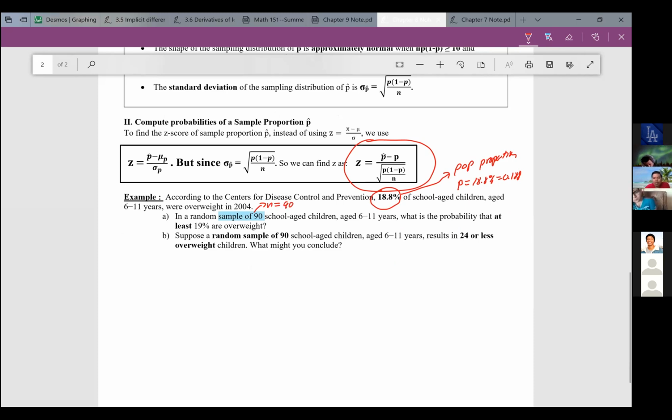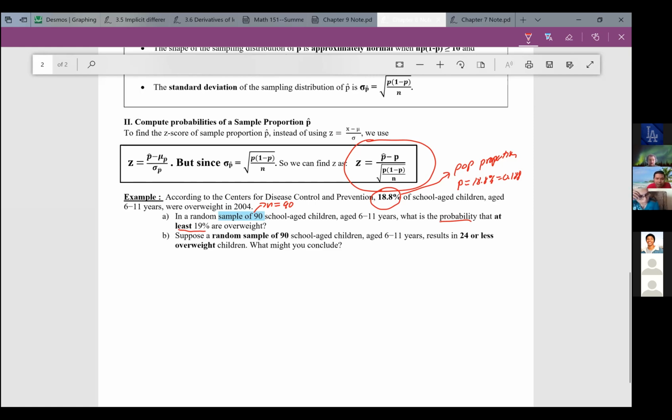What is the probability that at least 19% are overweight? Okay, so now they give you the sample size and they want to find out the probability that at least 19% are overweight, right? So now talk about probability at least 19%. So here in this sample of 90, you want to find out at least 19%.